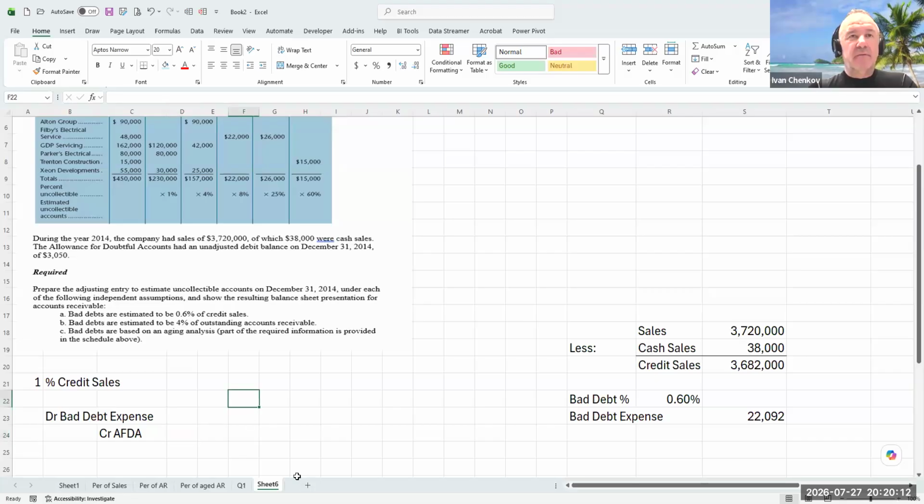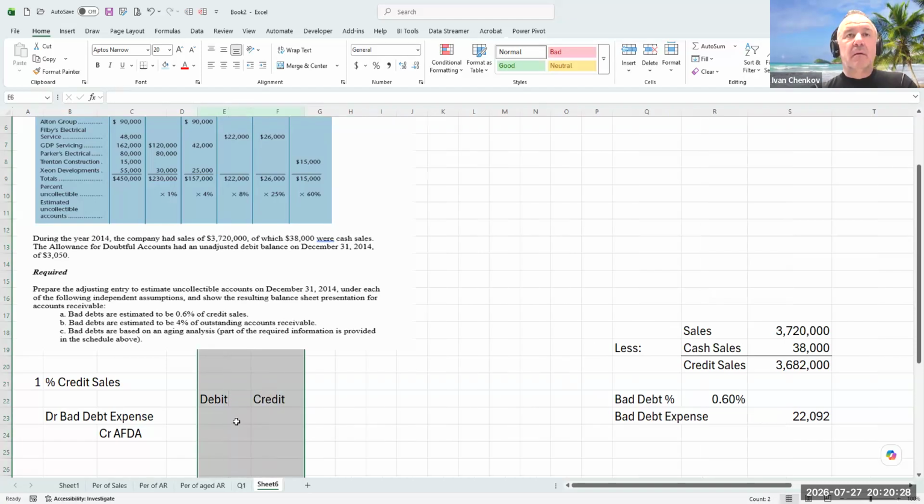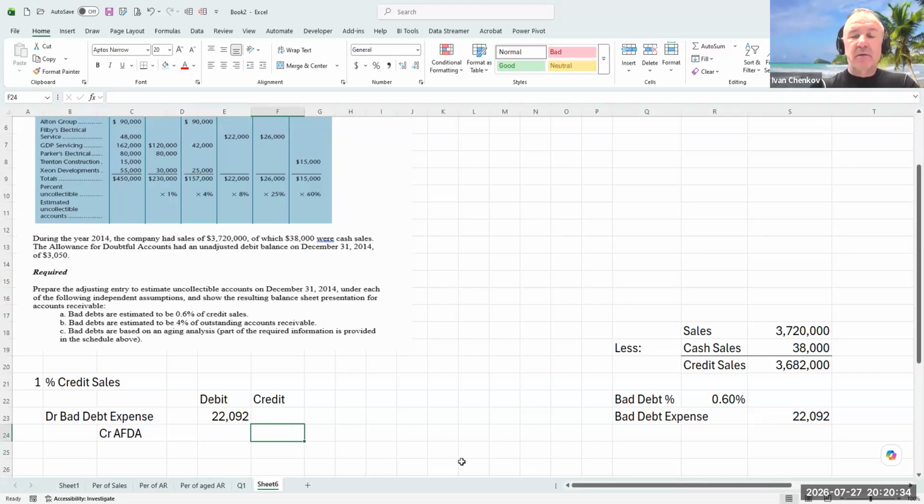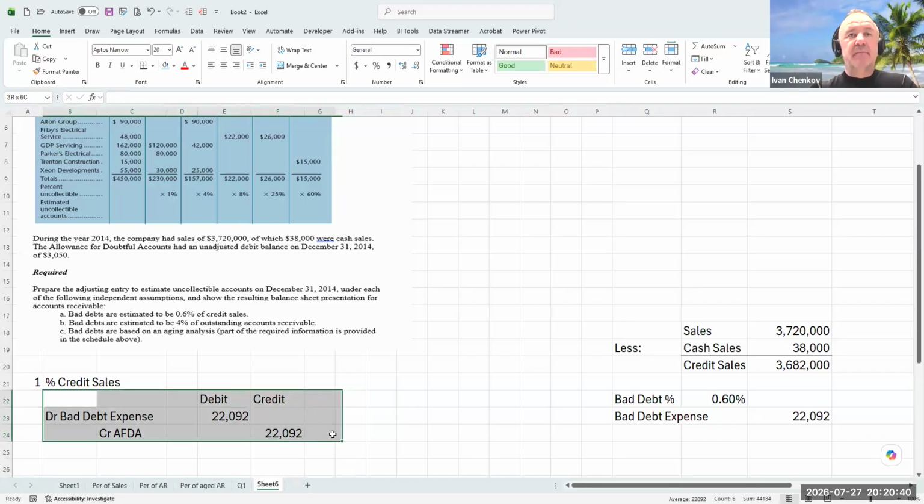And here we're going to have debit, and our debit here is going to be for the amount of the bad debt expense we calculated, and credit is going to be for the same amount. So we have our journal entry, as you can see.